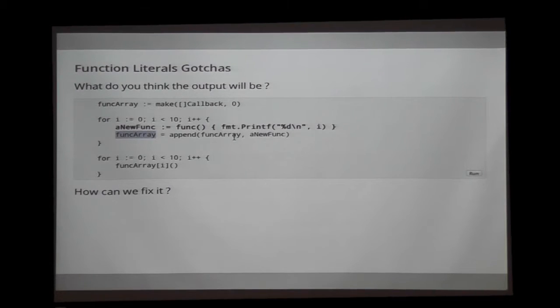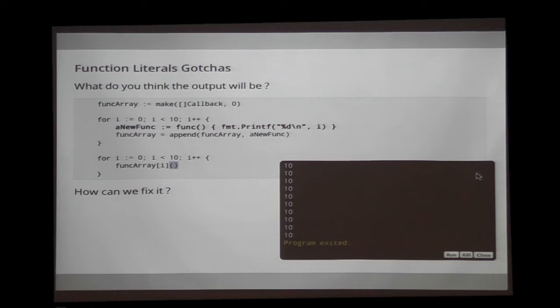We save the function inside our array, and then we iterate over each function. Here is the pointer to the function, and then we call it to actually execute. This is called a closure, when you use something from outside the scope of the function.